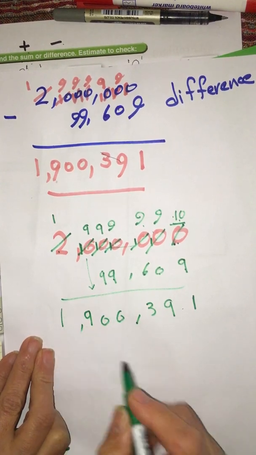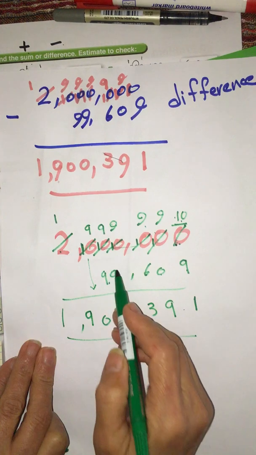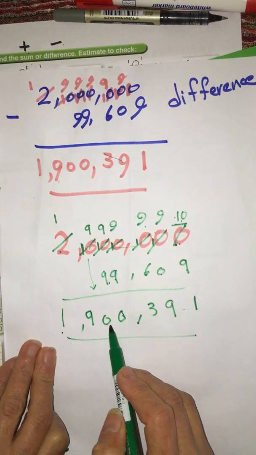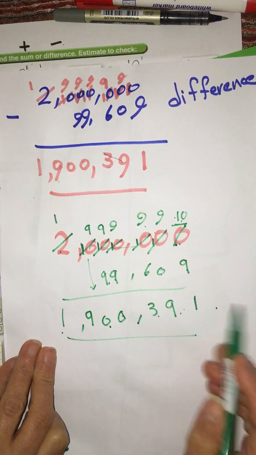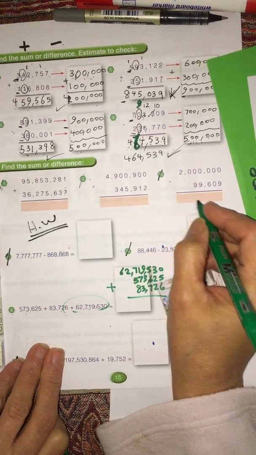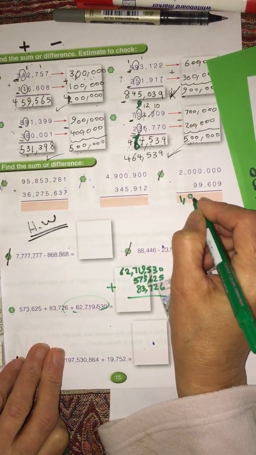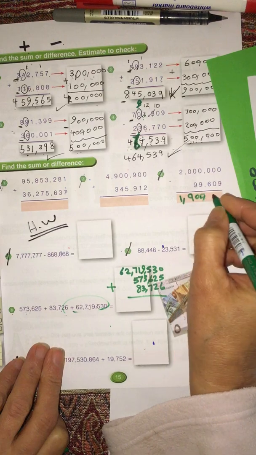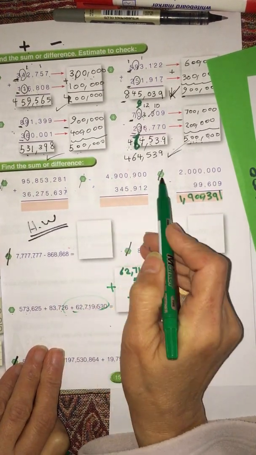The 1 will go down. So my answer, the difference between these two numbers, will be 1,900,391. Okay, so I solved this question. This is not homework. So the answer here will be 1,900,391.